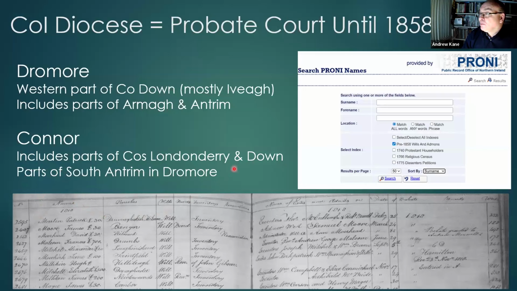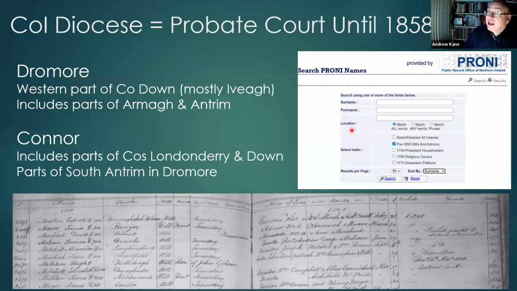aware that these probate districts will change because the diocese does not conform to the parish or the county or barony boundaries. Now, even though the majority of wills were lost in the fire in the Four Courts, all the indexes have survived, and in addition to that, there's about 13,000 pre-1858 wills that have survived and can be consulted either in copy form or in summary or transcription in PRONI.